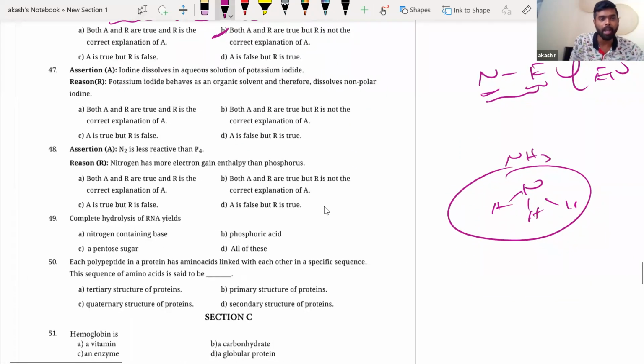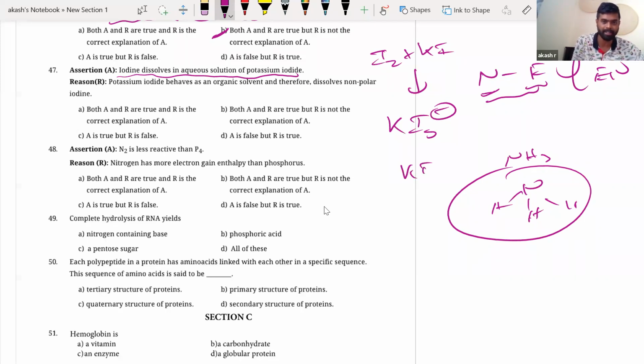Right. Next question. Iodine dissolves in aqueous solution of potassium iodide. Why? Basically I2 can react with KI to form I3 minus, KI3 basically. This is possible. The reason given: potassium iodide behaves as an organic solvent and therefore dissolves non-polar iodine.